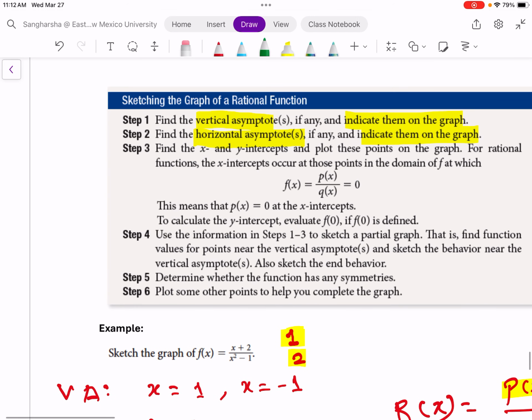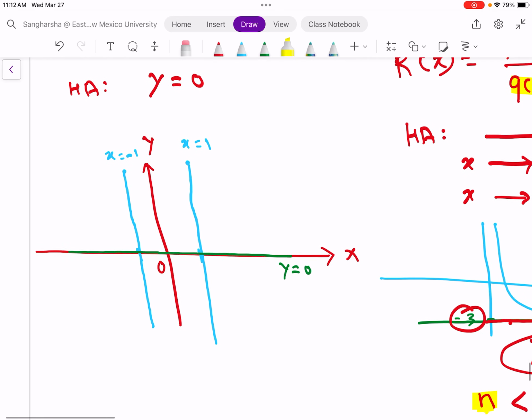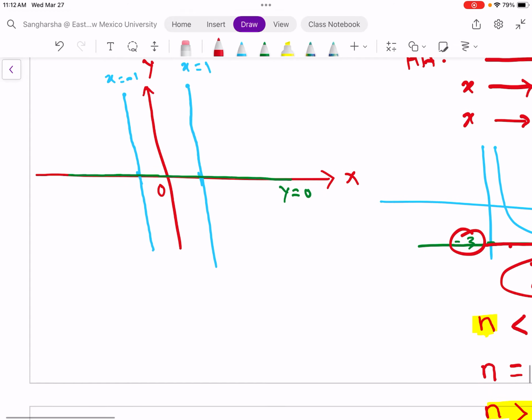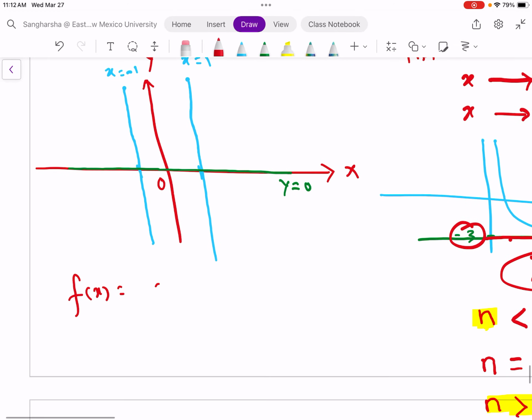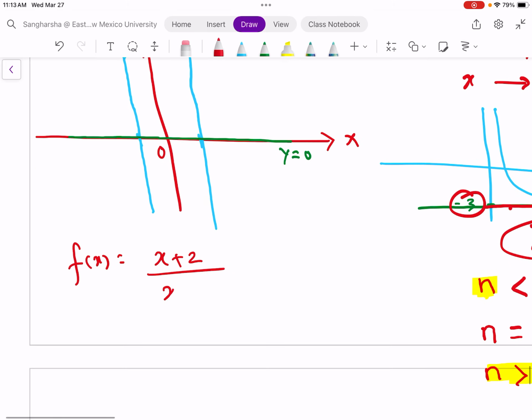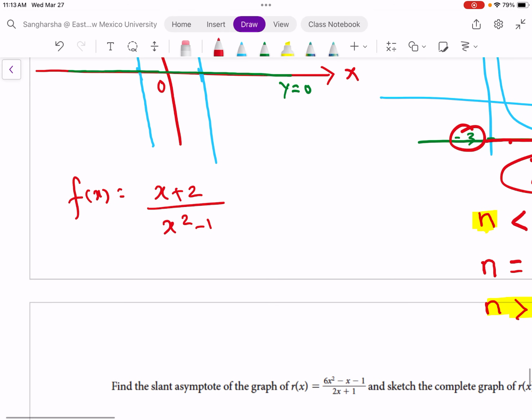In step 3, we find the x-intercept and y-intercept and plot these points. Now for this function, let me write it down, our function f of x is x plus 2 divided by x squared minus 1. Now let's find the x-intercept and y-intercept. What does it mean to find x-intercepts?